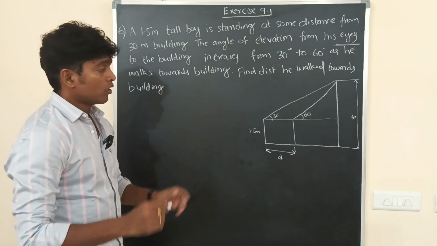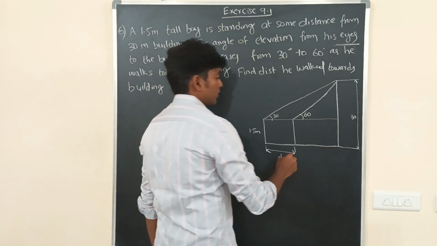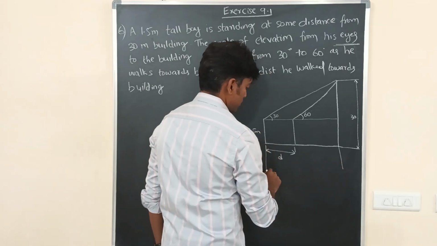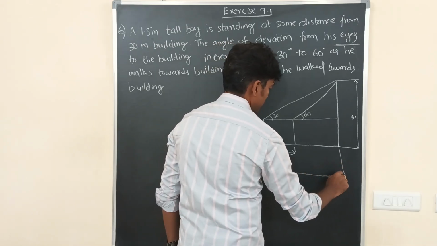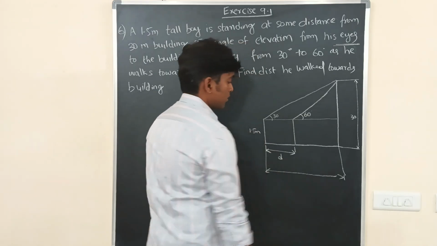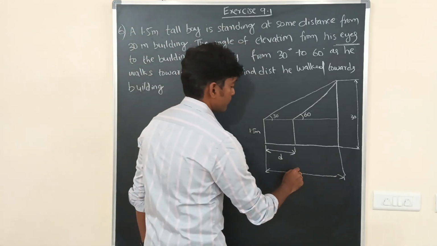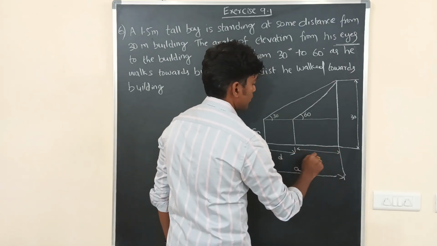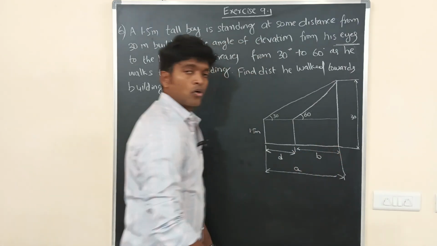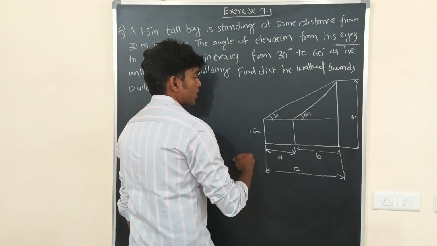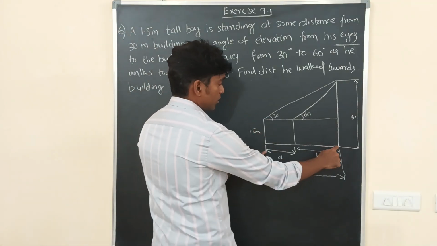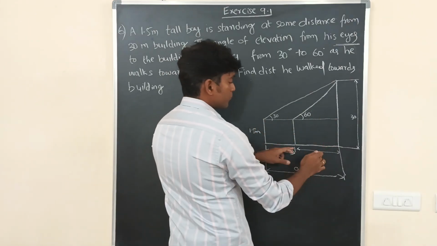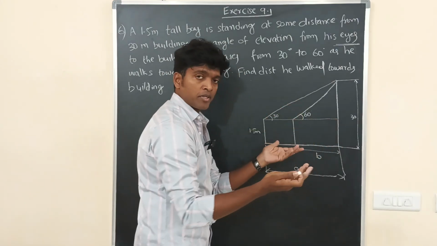Now, let this be A and let this be B. So if this is A, this also is A, and this is B, and this one also B, because it is the same length, no difference.